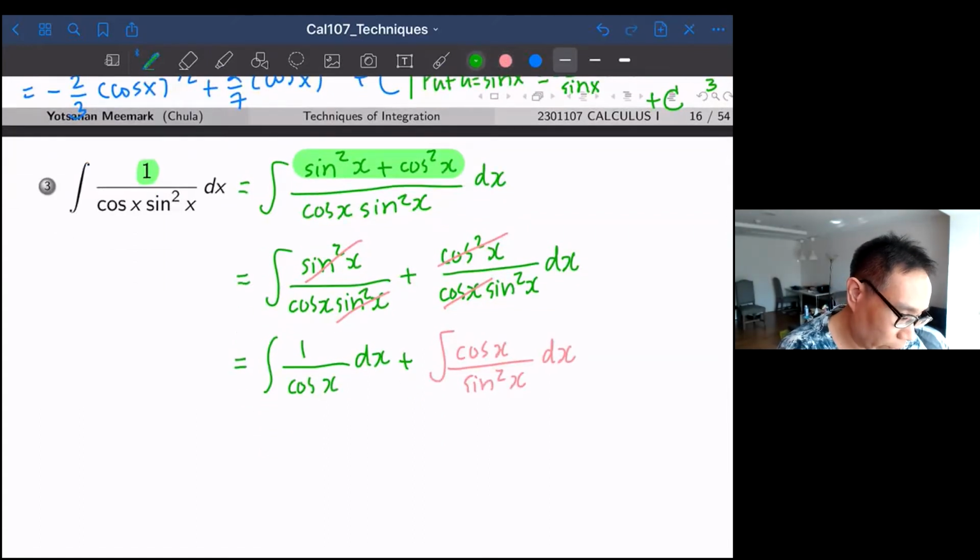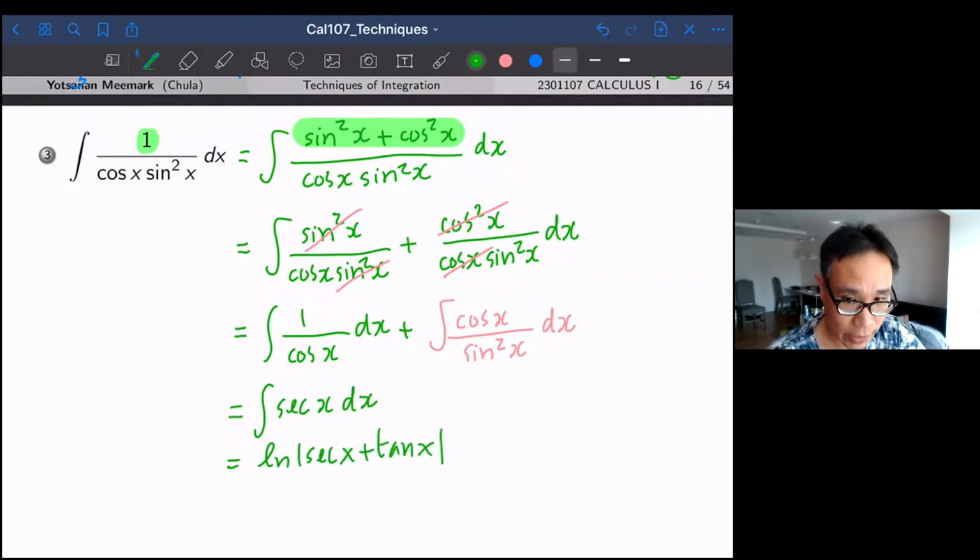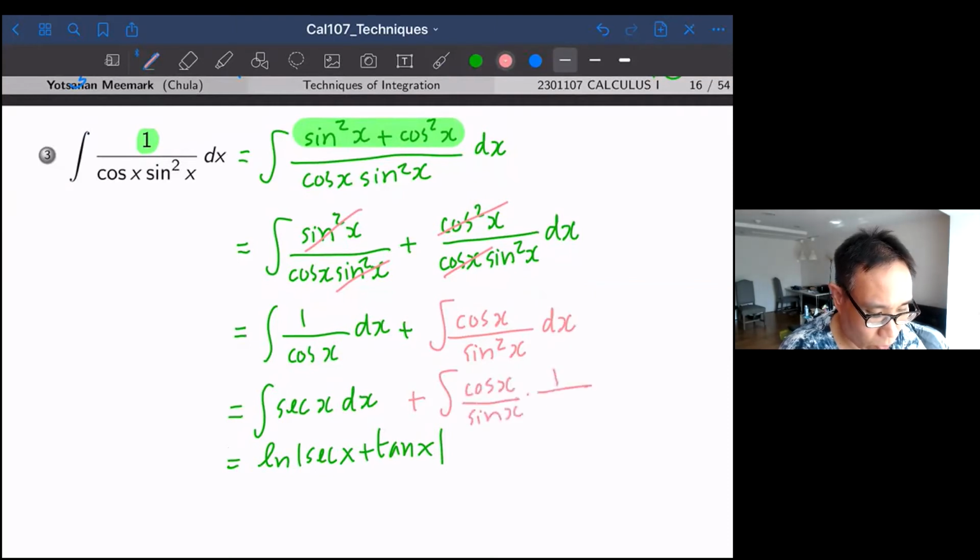Let's do the green one first. Integrating 1 over cos x is integrating secant x, and you have the formula for this, which is log absolute value of sec x plus tan x. So this is the integral of secant. Another term: you're going to integrate cos x over sine square x. This is cos x over sine x times 1 over sine x.